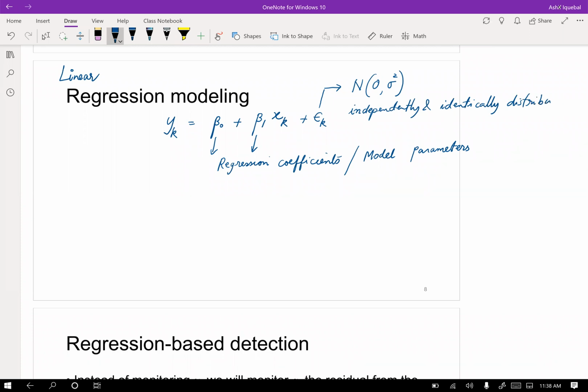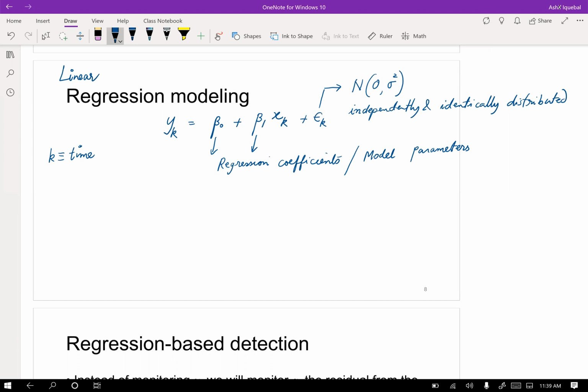These are the two assumptions that we make here, that epsilon follows a normal distribution with mean 0 and variance sigma square, and the values of epsilon are independently and identically distributed. Okay. And k is time here. Let me write that down. k is time.